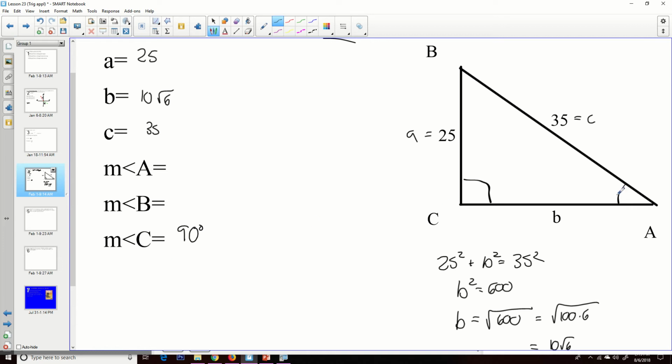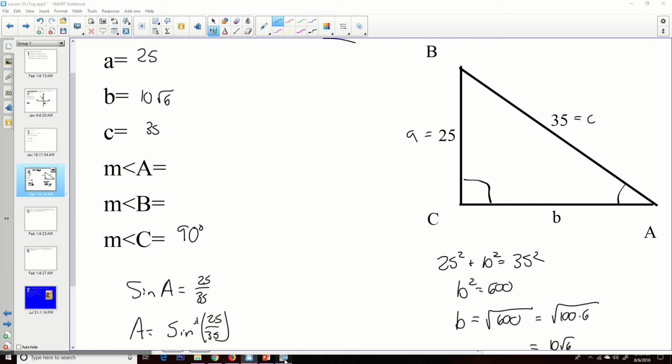So if I want to figure out what angle A is right here, I know that I have a given 25 as an opposite side and a given hypotenuse 35. So I could say that the sine of A is equal to 25 over 35. Therefore, A would equal the arcsine of 25 over 35.